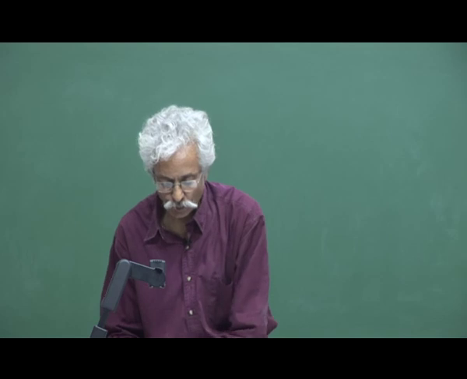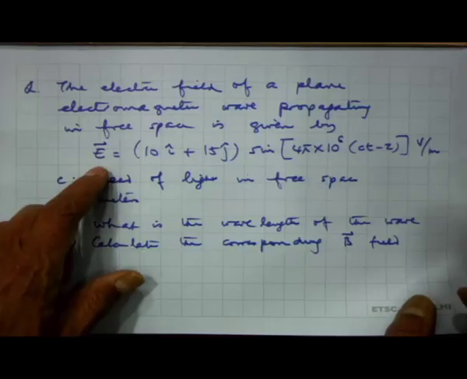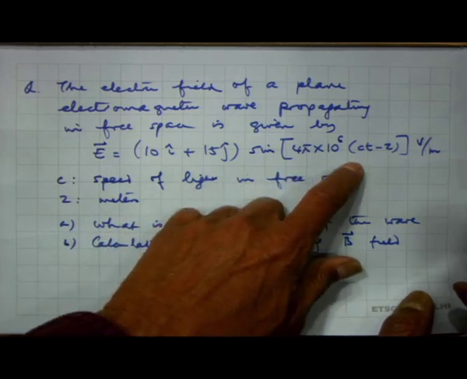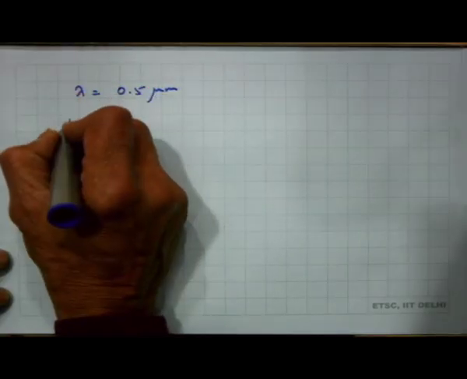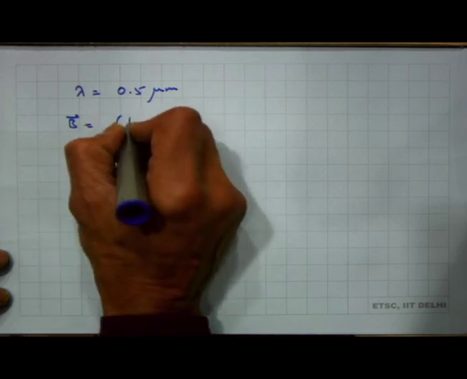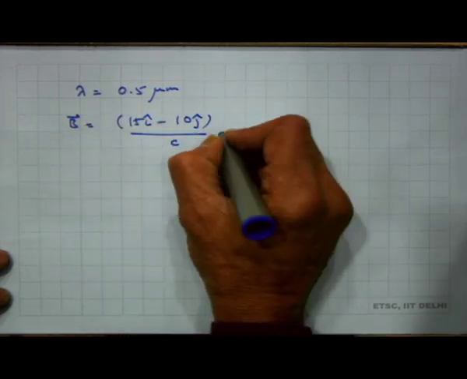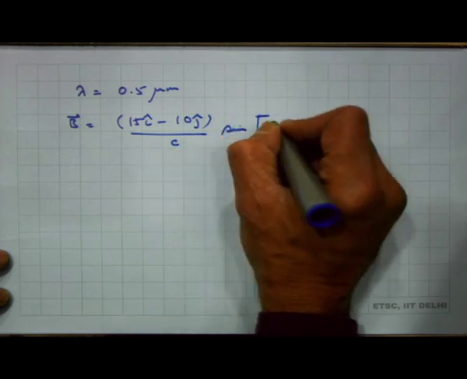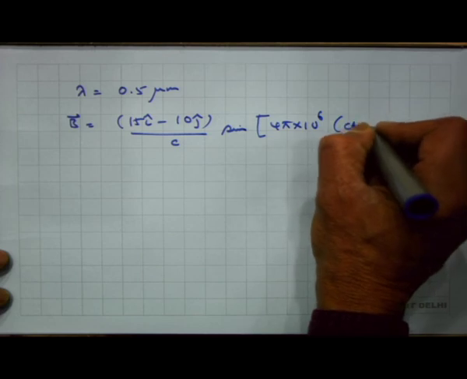I would like you to work it out. Please remember, electromagnetic fields, you have to find out what direction the wave is propagating, and so let me give you the answers. So, the wavelength is 0.5 micrometers and the B field will be given by 15 i minus 10 j by C sin of 4 pi 10 to the power 6 into (t minus z by C).